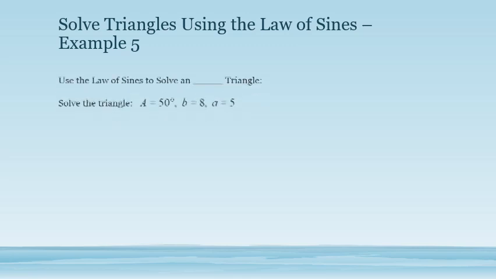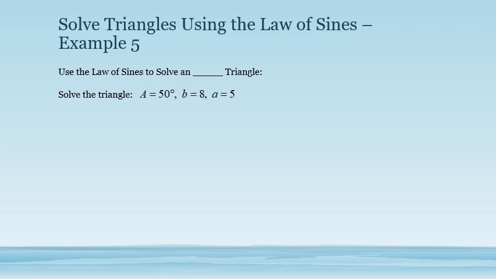Let's look at another one here. What type of triangle do we have? Let me set up A and B and C. A is 50 degrees. Side A is 5. There's my anchor. And side B is 8.